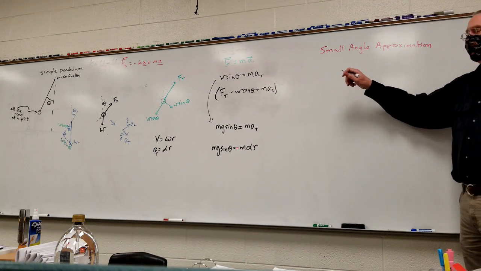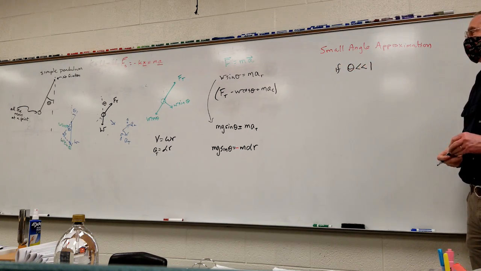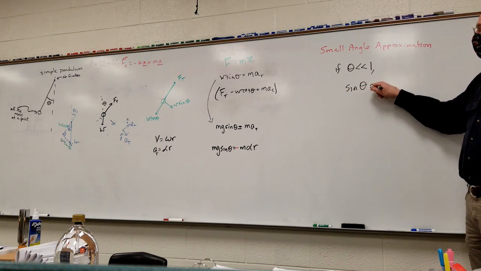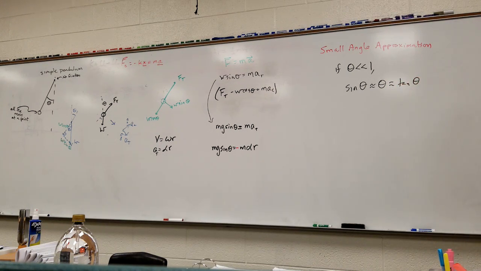Small angle approximation says that if theta is much less than 1, then the sine of theta is approximately equal to theta, which is approximately equal to the tangent of theta. Have any of you seen the long polynomial expansion of sine? How to write sine of a function or cosine of a function in terms of theta squared, theta cubed, and so forth?